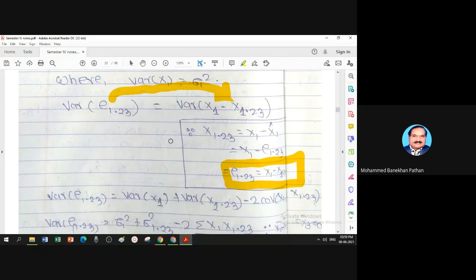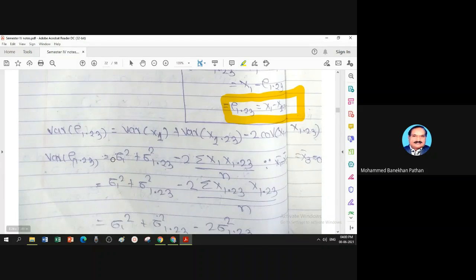Variance of x minus y is nothing but variance of x plus variance of y minus 2 times covariance of x, y. So I use that result in this case. So variance of E1.23 is variance of x1 plus variance of x1.23 minus 2 times covariance of x1 comma x1.23.